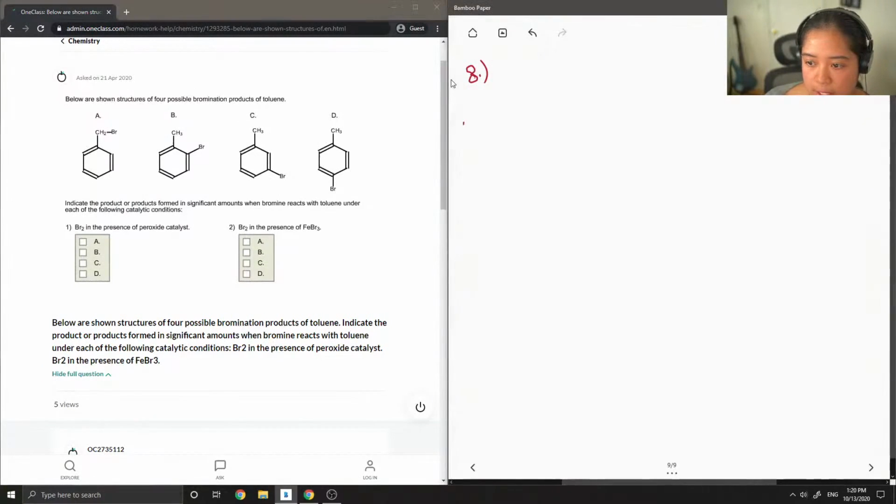So let's do A first. So basically the toluene molecule looks like this. There is a methyl group there.